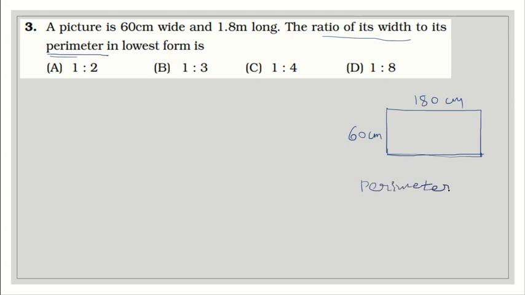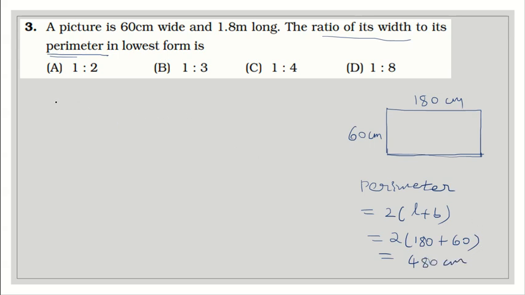This shape is a rectangle, therefore its perimeter is adding all the sides, that is twice length and twice breadth, or the formula 2 times (L plus B), where L is 180 centimeter and B is 60 centimeter. 180 plus 60 is 240, and 240 into 2 gives you 480 centimeter.